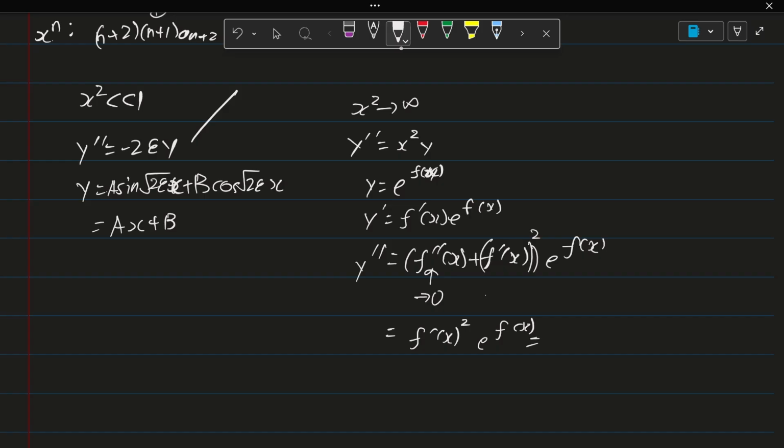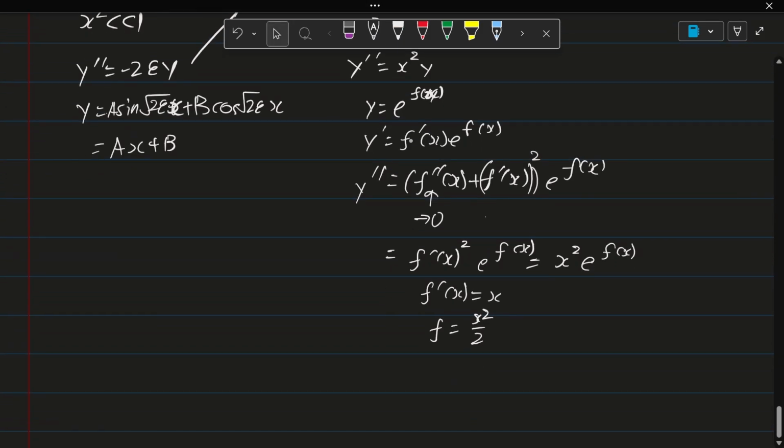Based on the differential equation that we hope to solve, we'll get something like this. So our guess is f prime of x would be x, and a good solution of this is f equals x squared over 2. So now we could start from here and maybe guess some solutions.